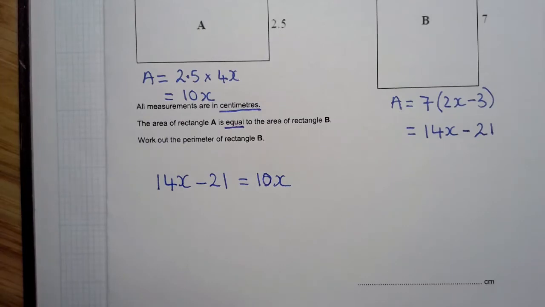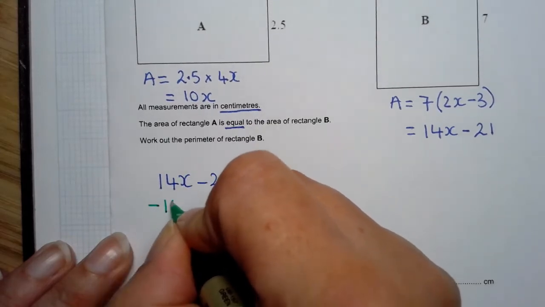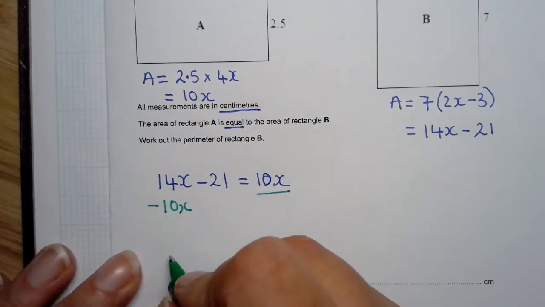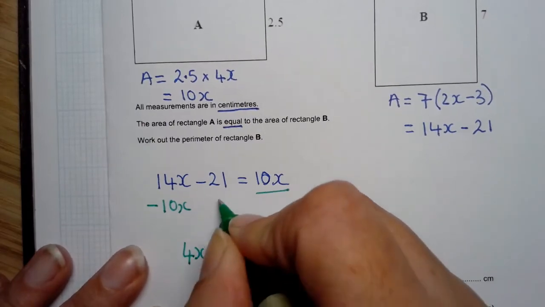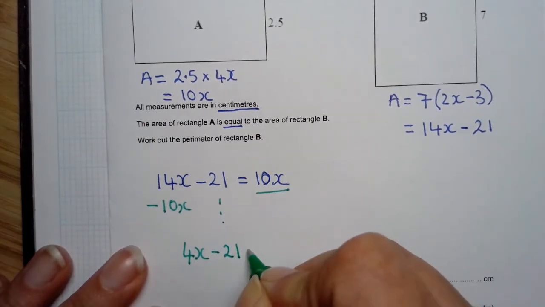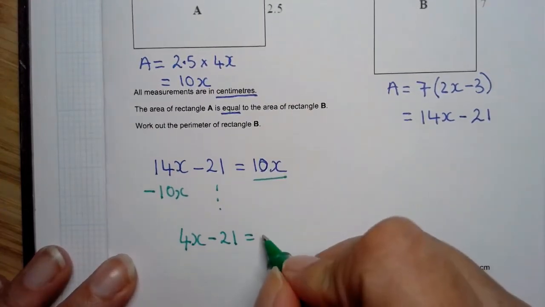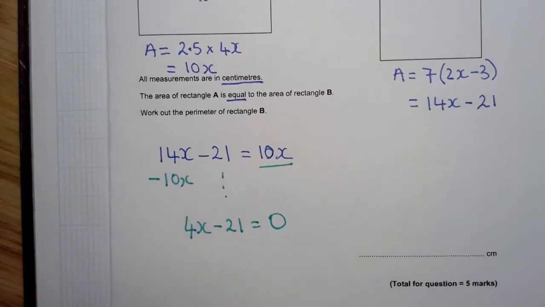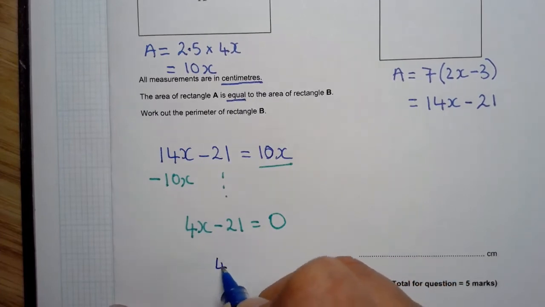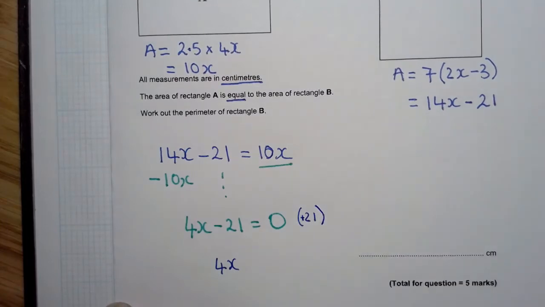Now I need to take this one away from here, so I'm going to minus 10x from there. So initially I'm going to have an equation that is 4x, this drops down, minus 21, and of course when I take that 10x away from there I'm left with 0. But don't panic, because in the next line of working we are going to be adding 21.